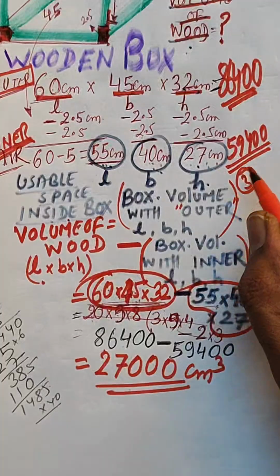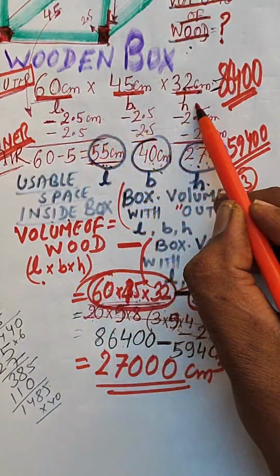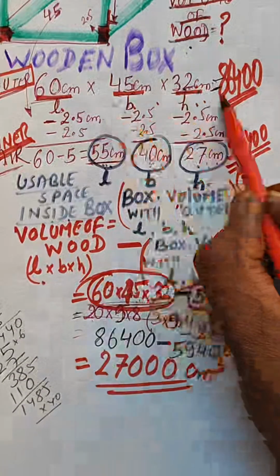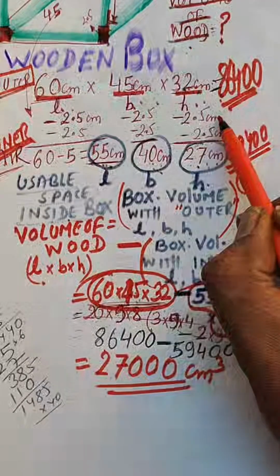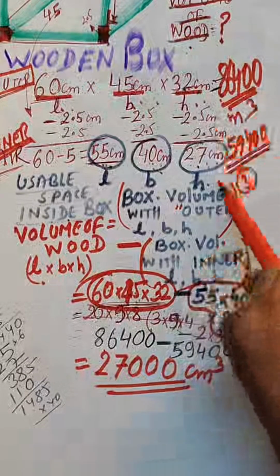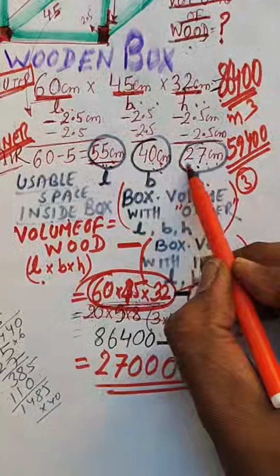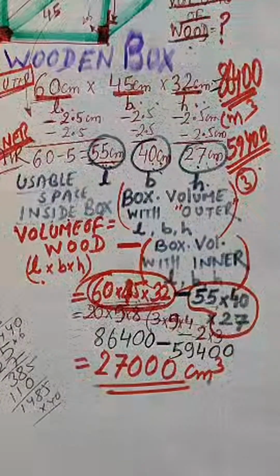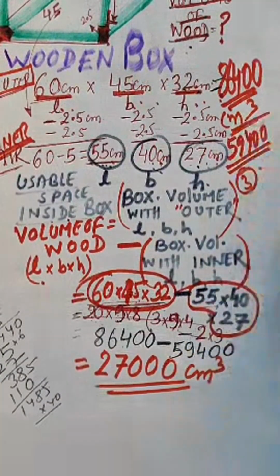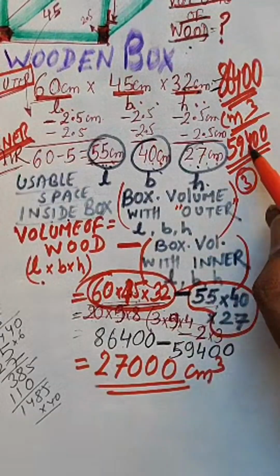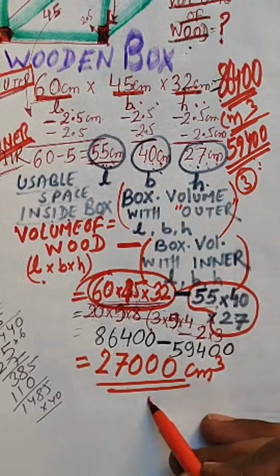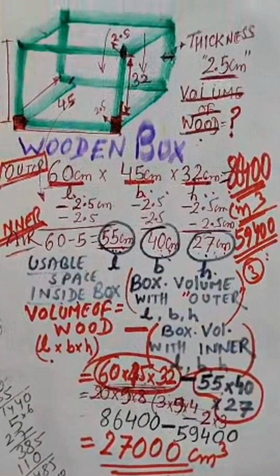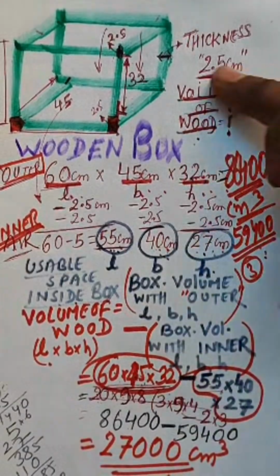Why cube? Because you can see length, breadth, and height, three times, coming. So that means meter, meter, meter: meter cube. Similarly, centimeter, centimeter, centimeter: centimeter cube. Since our dimensions are in centimeter, the unit will be centimeter cube. Similarly for the inner one. So we get the answer that this much wood is used in making the box which you have shown.